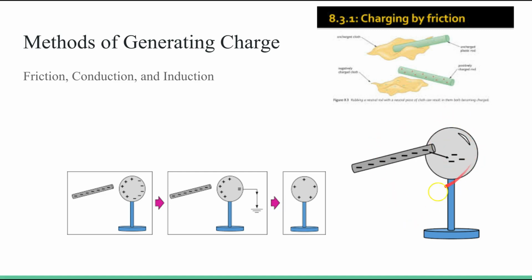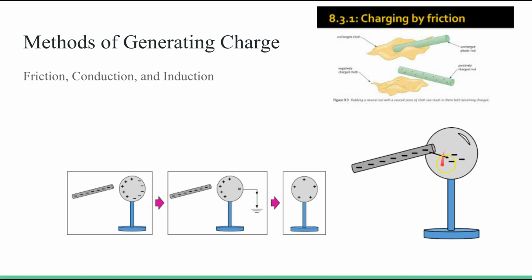So the next one we're going to talk about is charging by conduction or contact. So what happens if you have an object that's already negatively charged? If you have an object that's negatively charged, then what you can do is touch it to an electrically neutral object, and the electrons, seeing some protons over here, some of them, well, I said some for a reason, there's still some protons over here, but some of the electrons will start flowing in here.